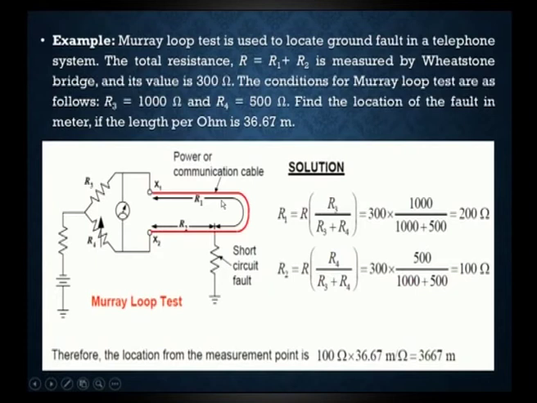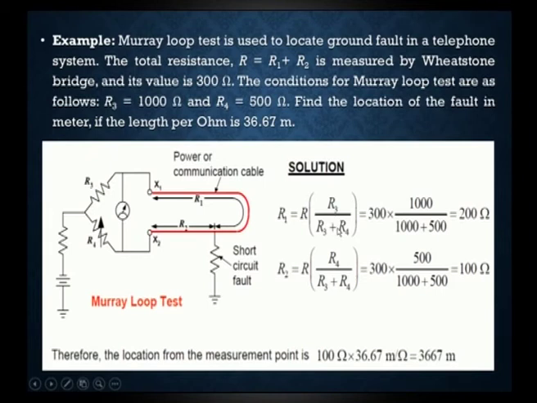The example here makes the Murray loop test clear. The Murray loop test is used to locate a ground fault in a telephone system. The total resistance R, equal to R1 plus R2, is measured by the Wheatstone bridge, and its value here is 300. We know the R1 formula from the previous slide: R1 is equal to R into R3 divided by R3 plus R4.